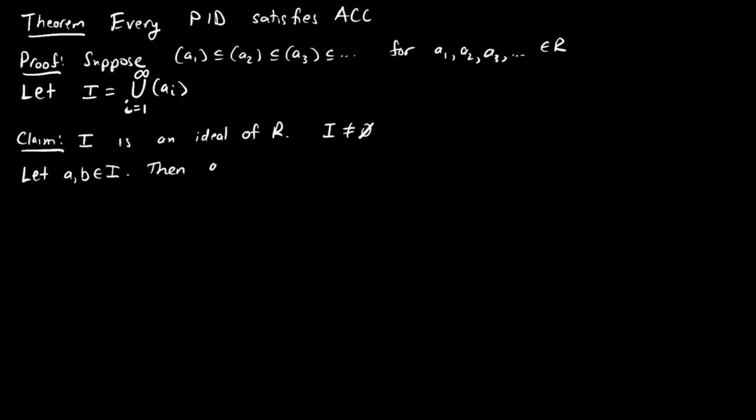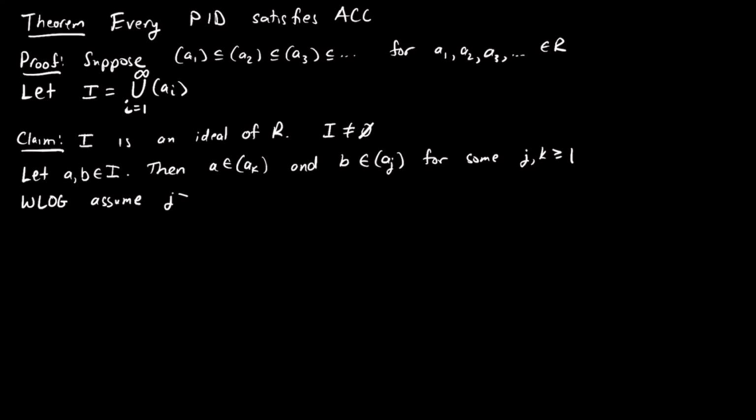I know that a is an element of the ideal generated by A_k, and b is an element of the ideal generated by A_j for some j and k greater than or equal to 1, right? Without loss of generality, I'll assume that j is greater than or equal to k.